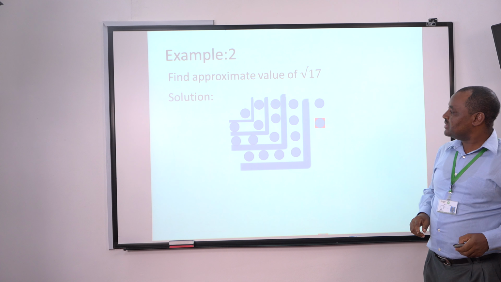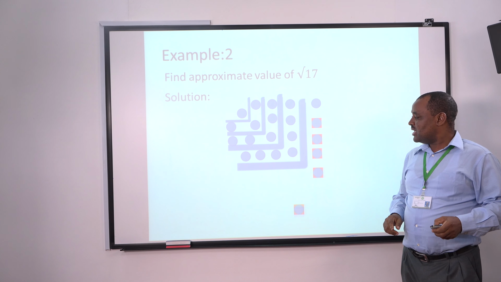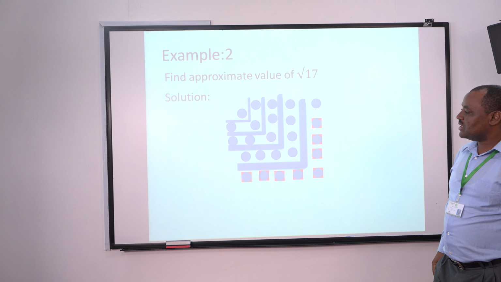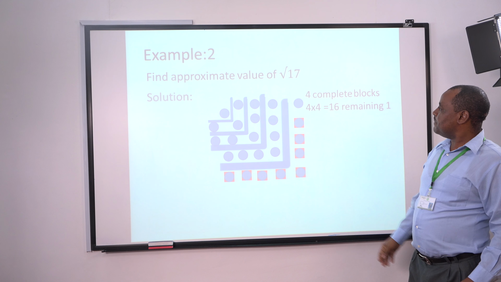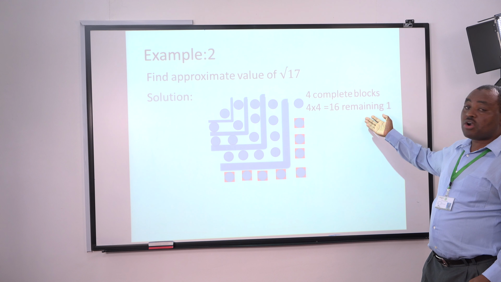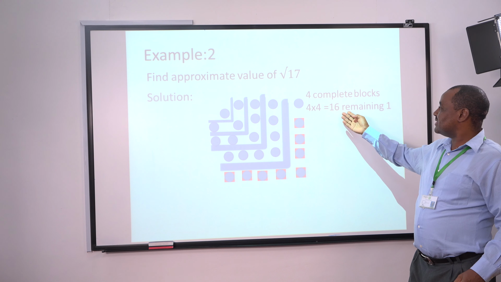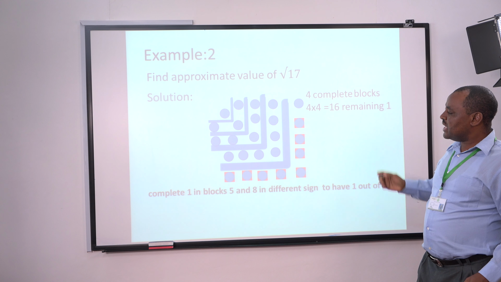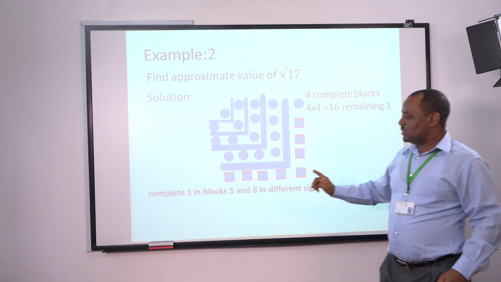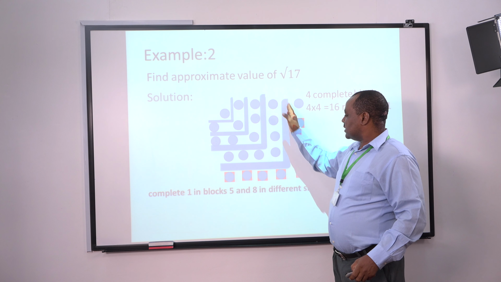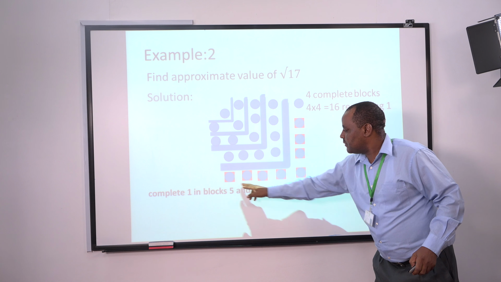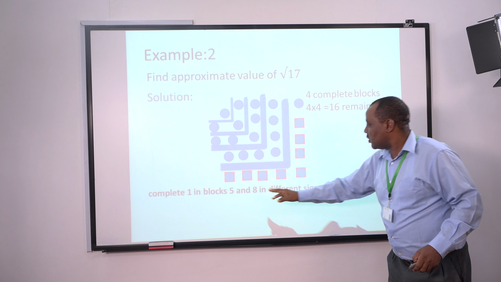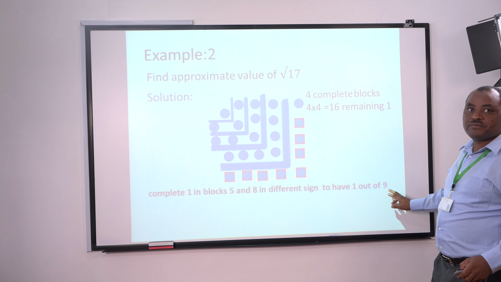And the rest of the places are filled using different colors. For that, we can say this is 4 complete blocks, 4 times 4 gets 16, remaining 1. And then that 1 which is remaining at that block is counted out of the rest 8, which then gives us 1 out of 9.